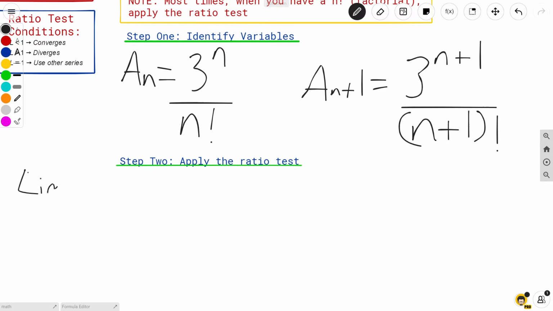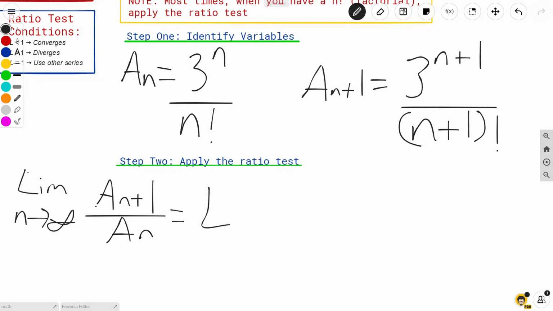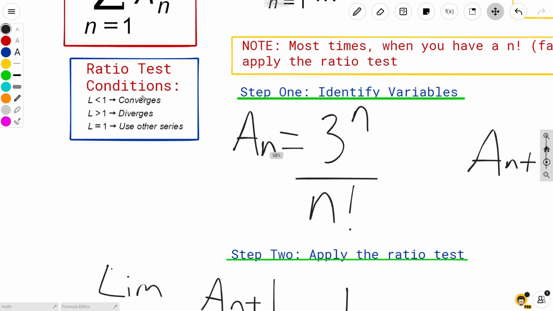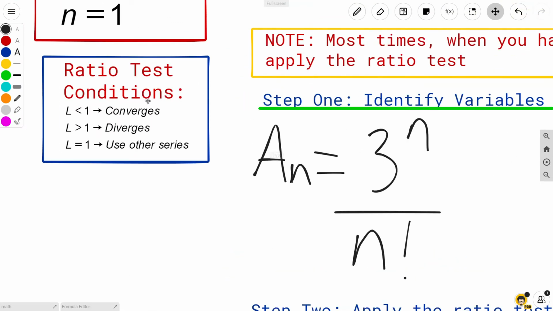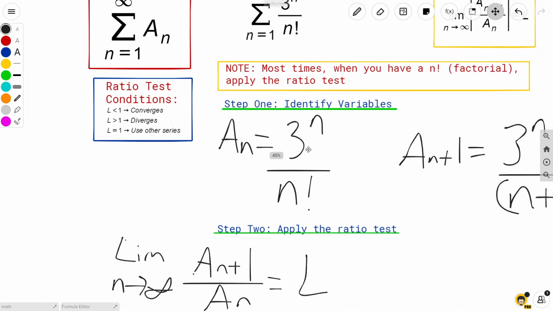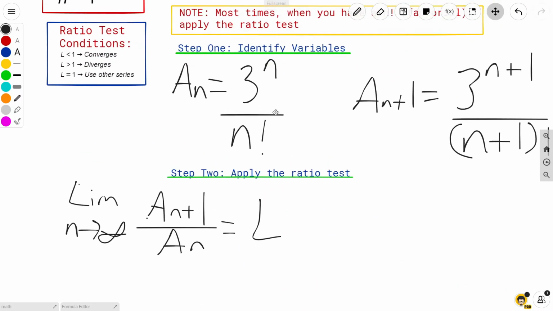The limit as n approaches infinity of a sub n plus 1 divided by a sub n is equal to L. And whatever our L is, we have these conditions right here that we apply, and they're the same as the root test. Based on whatever our L comes out to be, we'll determine whether this series converges or diverges.